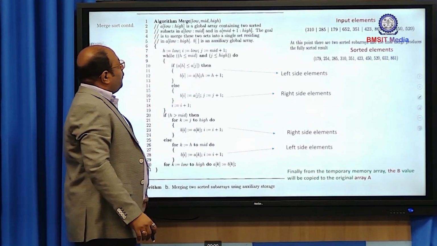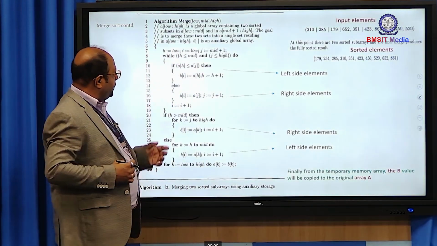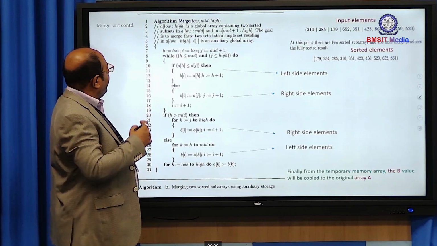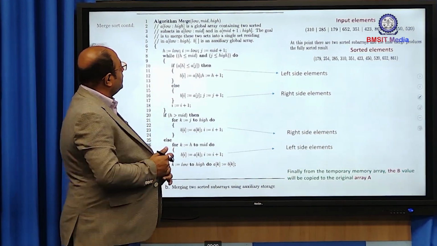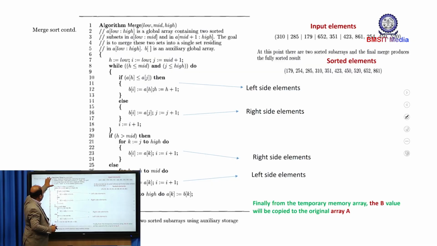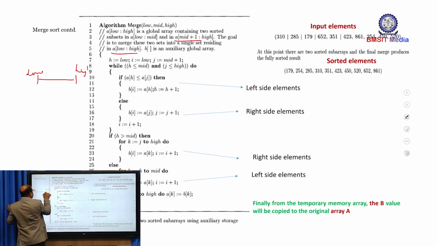So now when we see the recursive kind of array algorithm, here we have the consideration initially low, high, global variable, and mid plus 1 to high. Then low and high are the index of the elements, starting from, this is my low, this is my high, somewhere in between the mid value will be there.